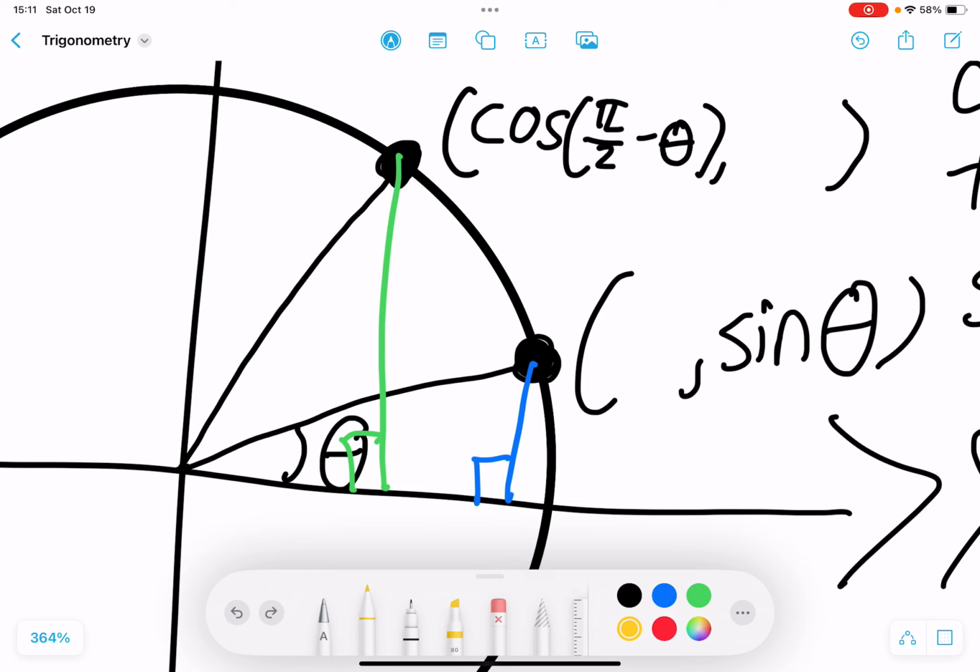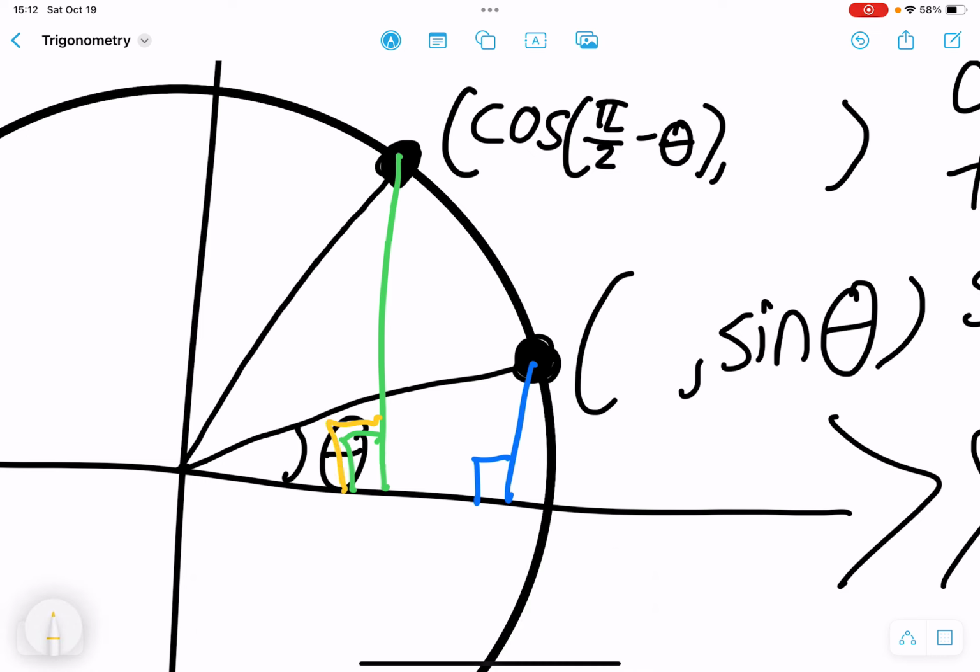This triangle and this triangle are congruent, because firstly the hypotenuse is both 1. Secondly, this angle is theta, and this angle is also theta, because this here is pi over 2 minus theta, and this is pi over 2. So there's the angle, side, angle thing, so this is congruent.